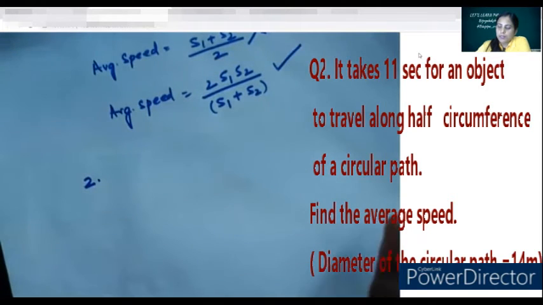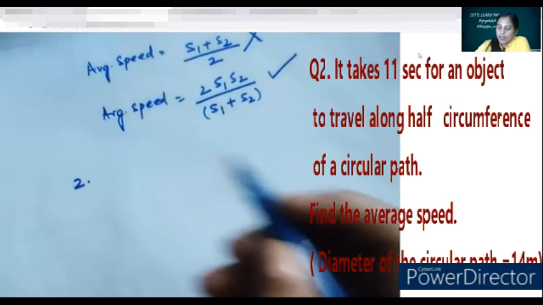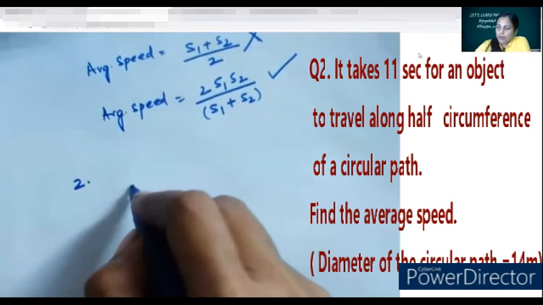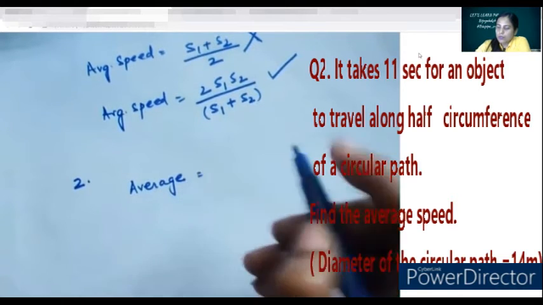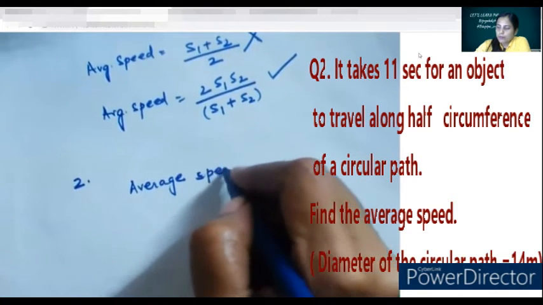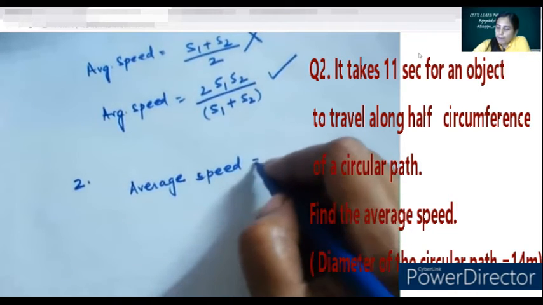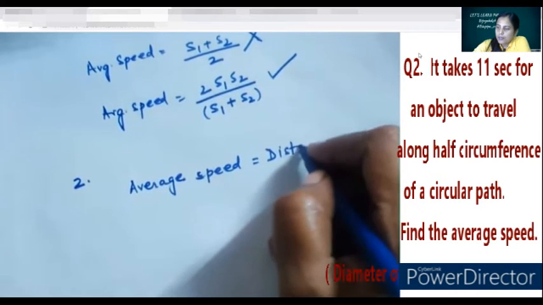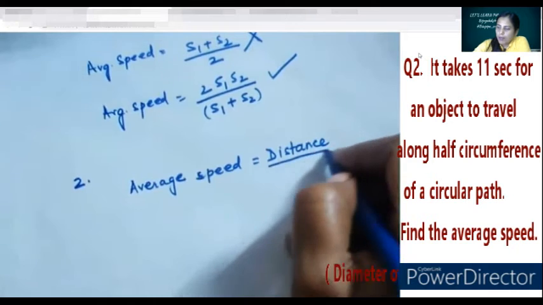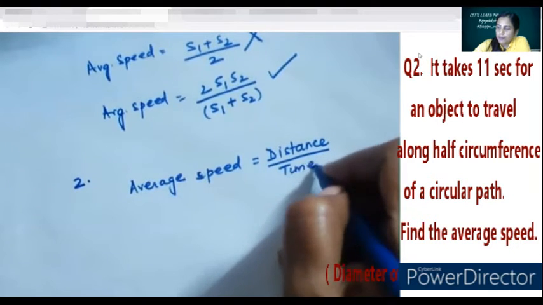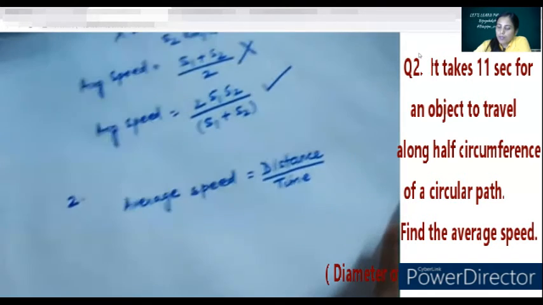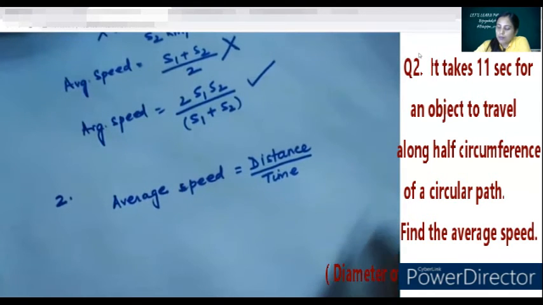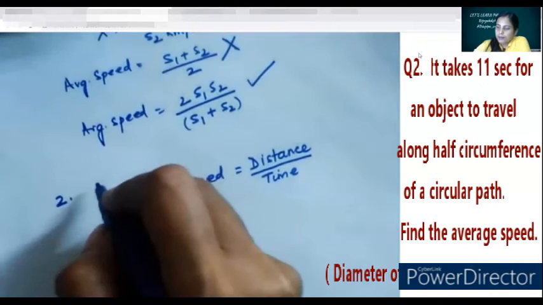Find the average speed. We know average speed is equal to distance by time. Here time is given as 11 seconds.